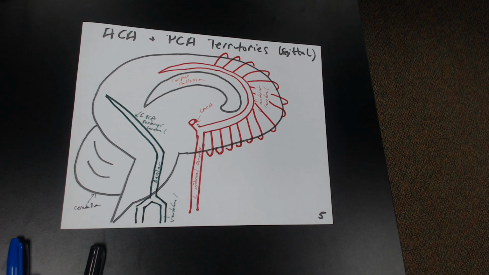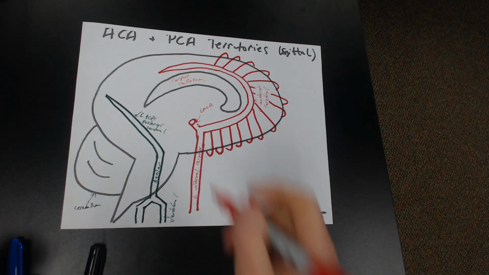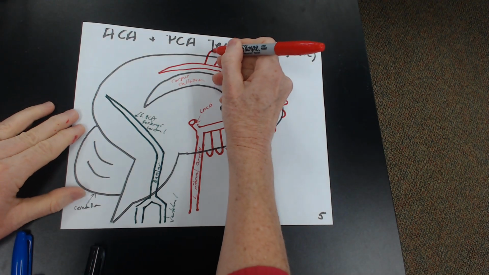Is that more clear? I think there was another hand over here. That was the question? Okay. Does it make sense now? You're going to see that outside here in a minute. This is the sagittal section through the middle of the brain, and you're looking at the blood from the anterior cerebral artery that is supplying that medial surface of the brain with blood. That's called territory. So this is all ACA territory.